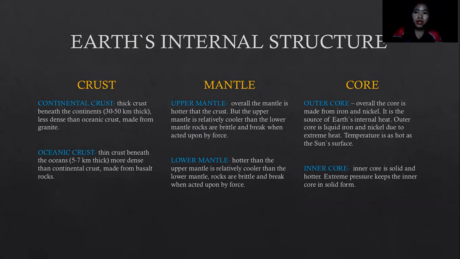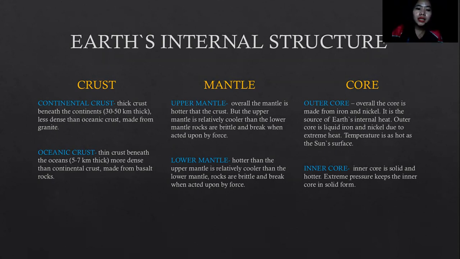So as we all know, crust has two types, the continental and the oceanic crust. As we've discussed last week about seafloor spreading, it is where yung oceanic crust ang present doon. Well, continental, this is where the crust is beneath the continents, less dense than oceanic, that is made from granite.